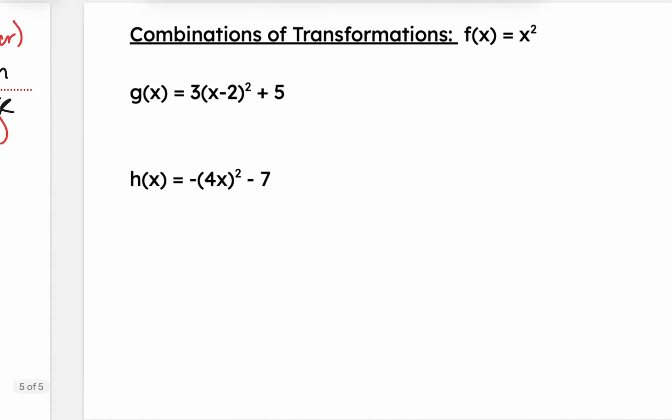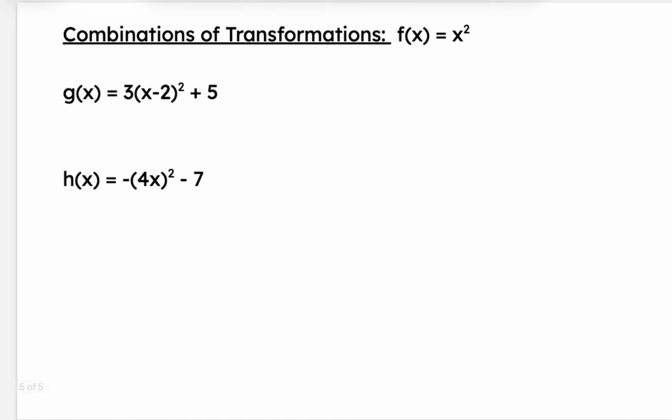Okay, our final example is how do we put all these together now? So if we have f of x equals x squared, our first one, we're talking about all the different things that are happening. So I have the 3, I have the minus 2, and I have the plus 5. So we have 3 different transformations happening. So this would be a vertical stretch.